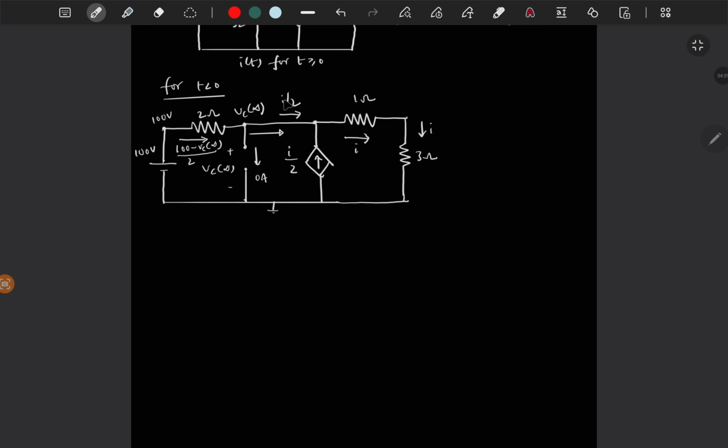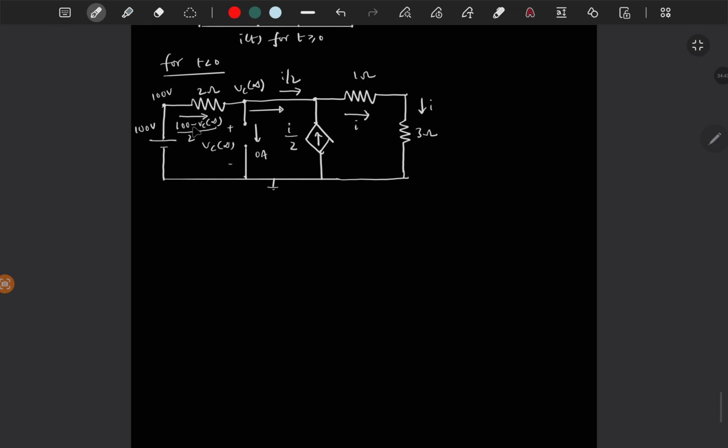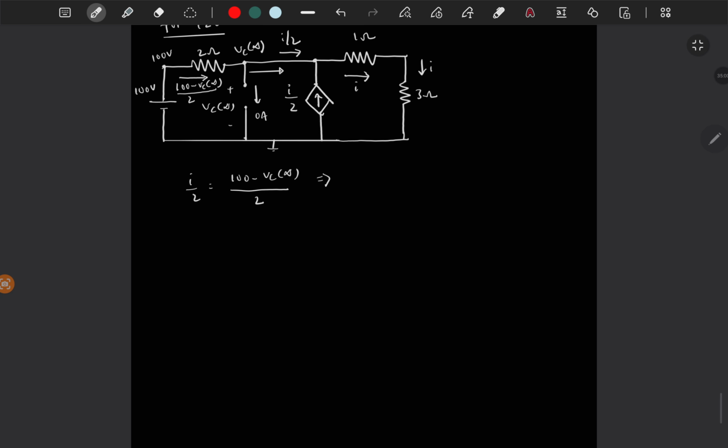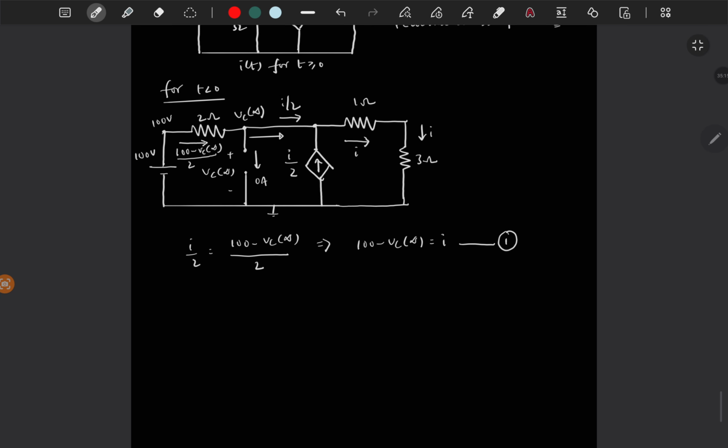Then this value should be equal to this I by 2, right? You understand? So I by 2 should be equal to (100 minus Vc of infinity) by 2. Then 100 minus Vc of infinity is equal to I. This is one equation.